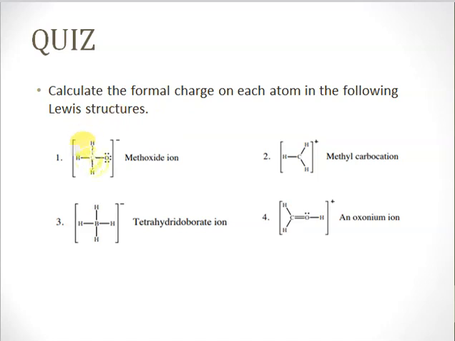There are 4 different polyatomic ions, and you have to calculate the formal charge for each of them: methoxide, the methyl carbocation, tetrahydroborate, and an oxonium ion. Two are positive and two are negative. These charges are written in square brackets because we don't know which atom has the charge. So you have to tell which of these atoms has the positive charge or the negative charge.